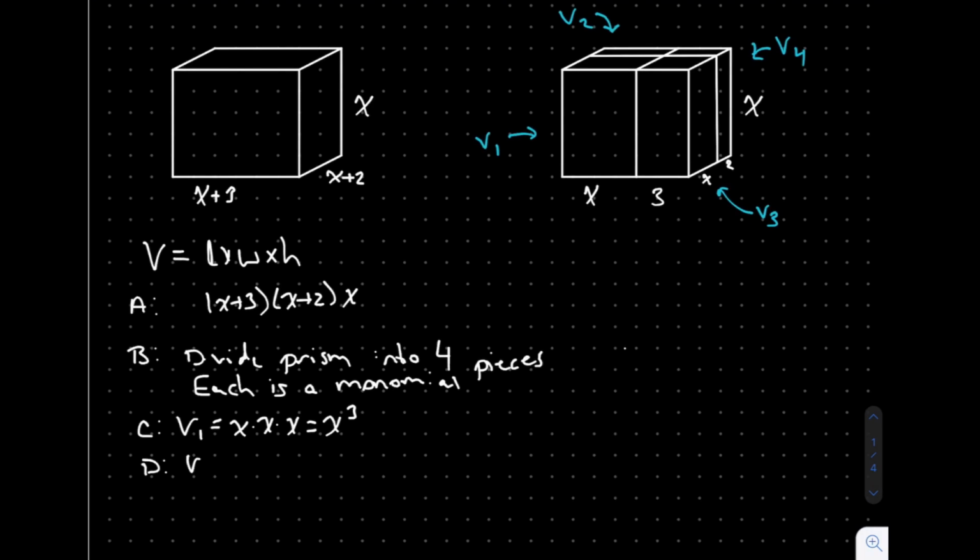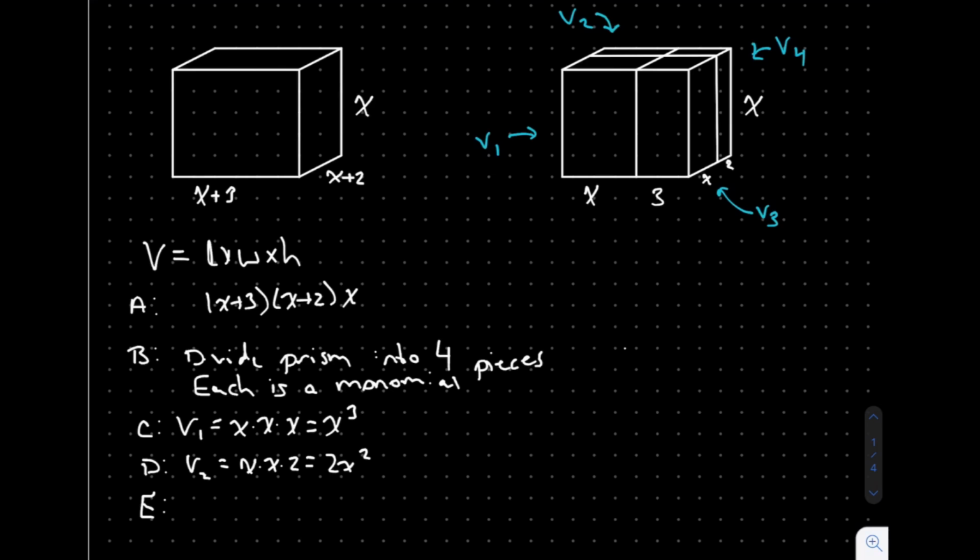And now for D, I want to find the volume of rectangular prism V2. So its bottom side length is x, its left side length is now 2, but its height is still x. So this is an x by 2 rectangular prism, or 2x squared.